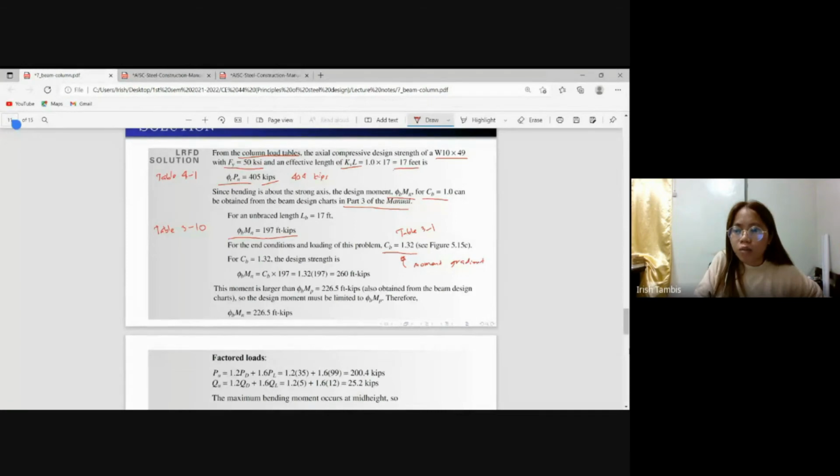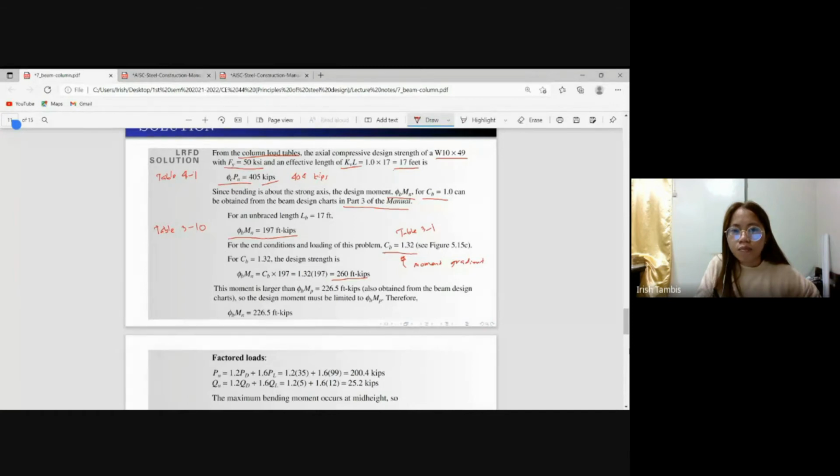Actually, C sub B is not 1.0 in this figure because the load is varying, meaning the moment is varying, so C sub B from the table in the AISC is 1.32. So this will be multiplied to the resistance factor times the nominal moment. So 1.32 times this 197 is 260 kilopounds.